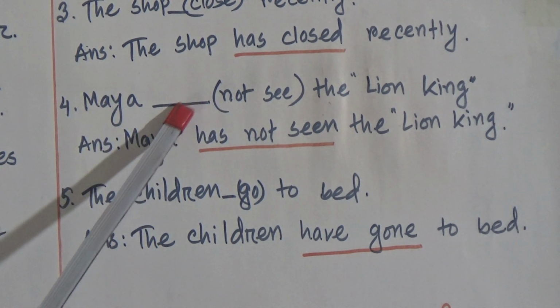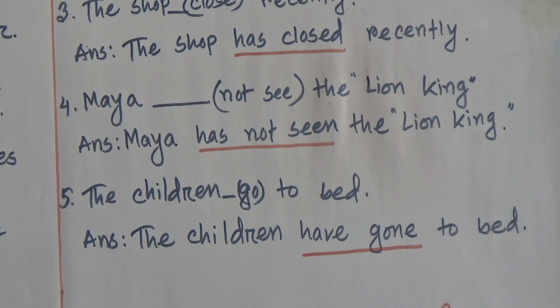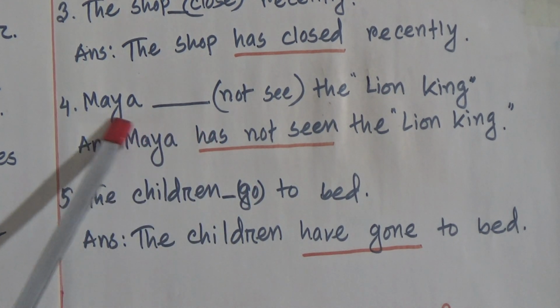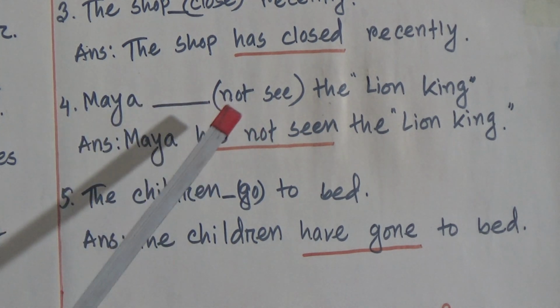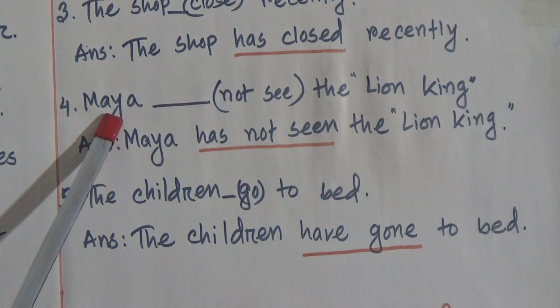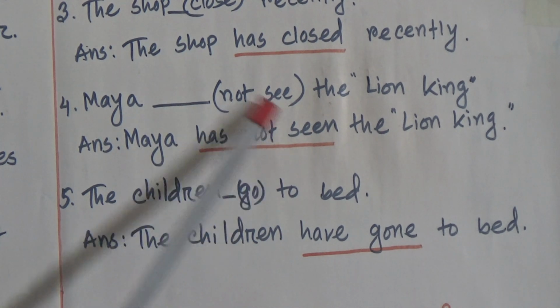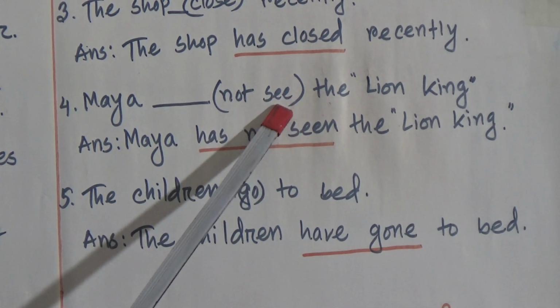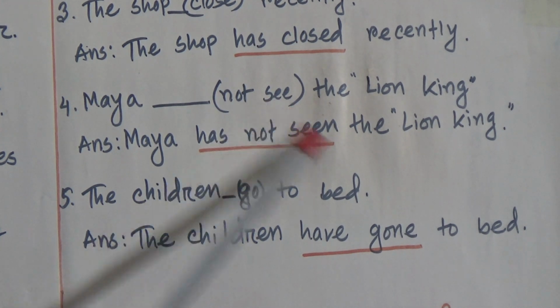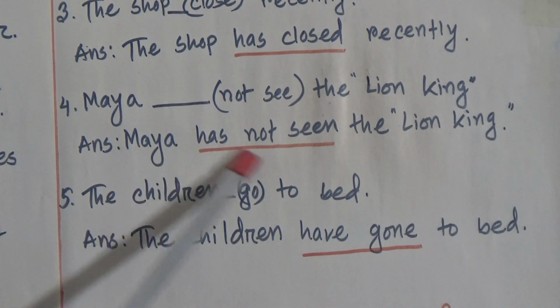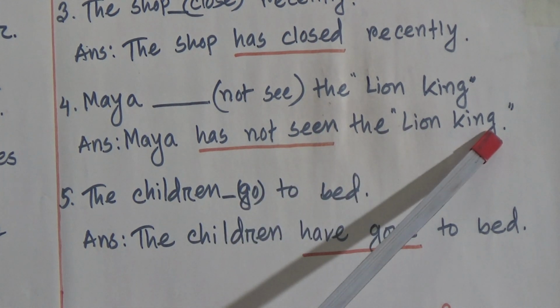So we have to use has, not have. Then although not is given, we have to convert this sentence into negative meaning. Then Maya has not seen. The past participle form of the verb see is seen. Maya has not seen the Lion King.